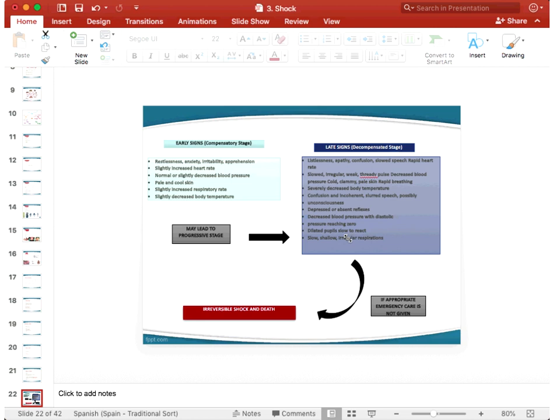Always remember this: make a culture if possible, and start this patient immediately on empiric antibiotic therapy. And of course, you have to address the metabolic acidosis. You have to hydrate your patient, keep the blood pressure up, and this will eventually lower his tachycardia, and you will return this patient to a normal, compensated state.